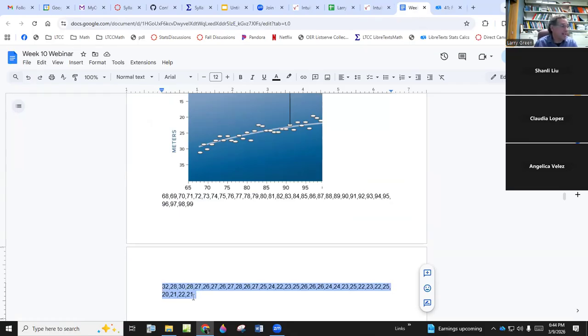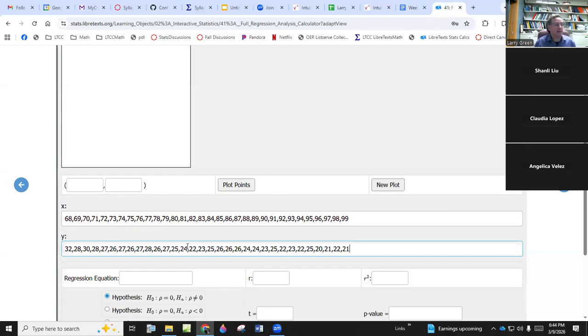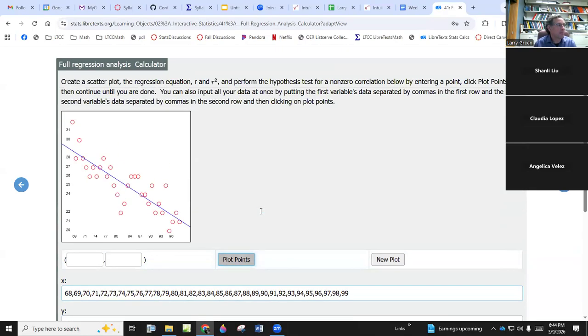But in the year 1999, you can only see 21 meters down, which is still pretty long, but not nearly as long as 32. So I'm going to put that in the Y values, copy and paste, and I just hit plot points.